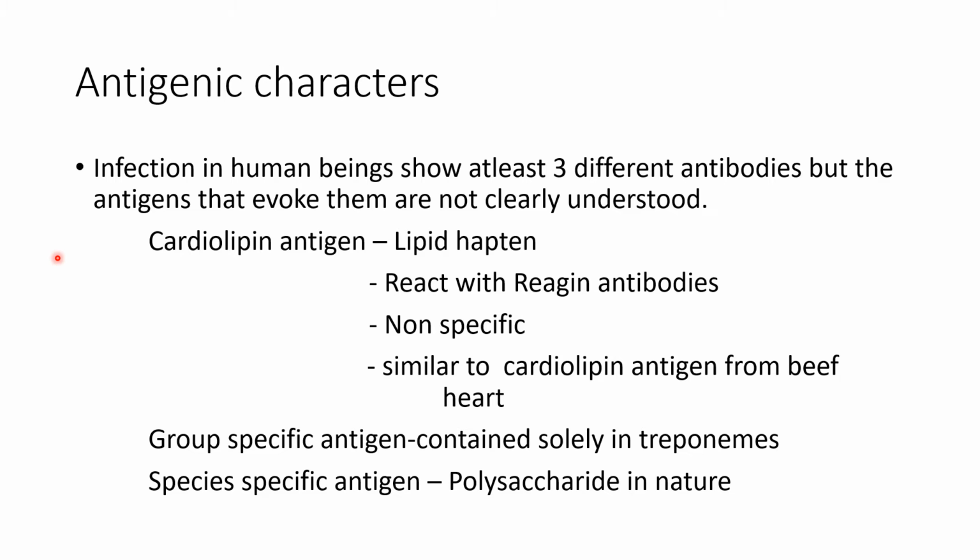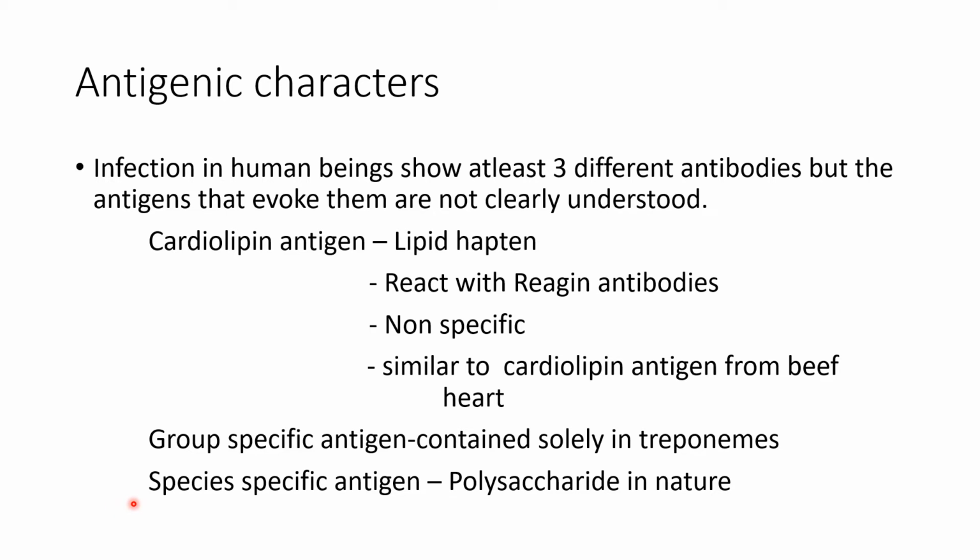Coming to the antigenic characters, though three different antigens have been identified from this organism, they could not study these antigens very clearly, because, as I said, they cannot be grown very easily. But why do they say that these three antigens are present?